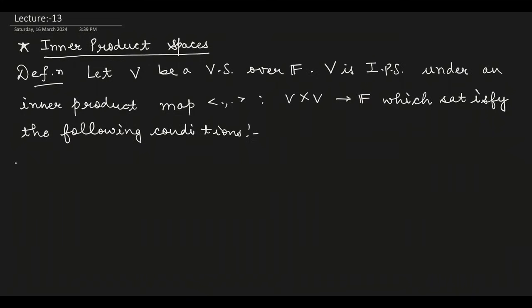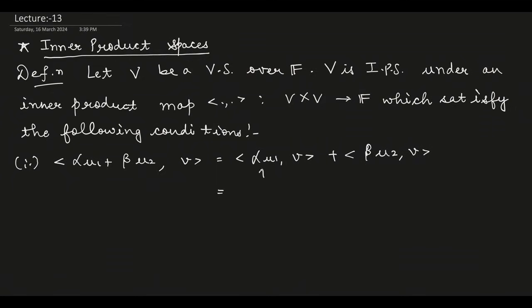First condition: inner product of alpha u1 plus beta u2 comma v. So इसमें क्या होगा, इसको ओपन करो, alpha u1 comma v inner product plus beta u2 comma v inner product.